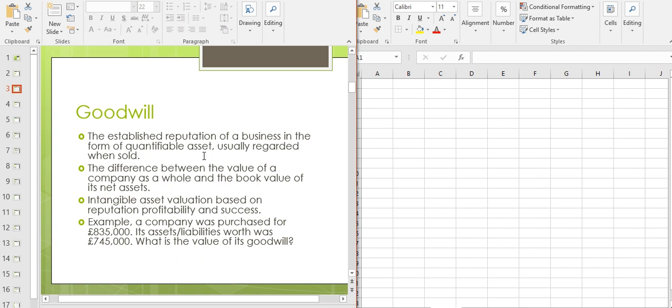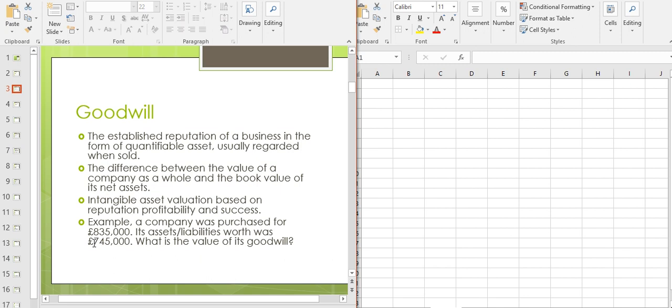So I mentioned earlier, if we jump down to this point at the bottom, okay, so a company was bought for 835, though the financial position, assets and liabilities valued the business at 745. What is the value of goodwill? And the difference between 835 and 745 is £90,000. That is the value of goodwill.